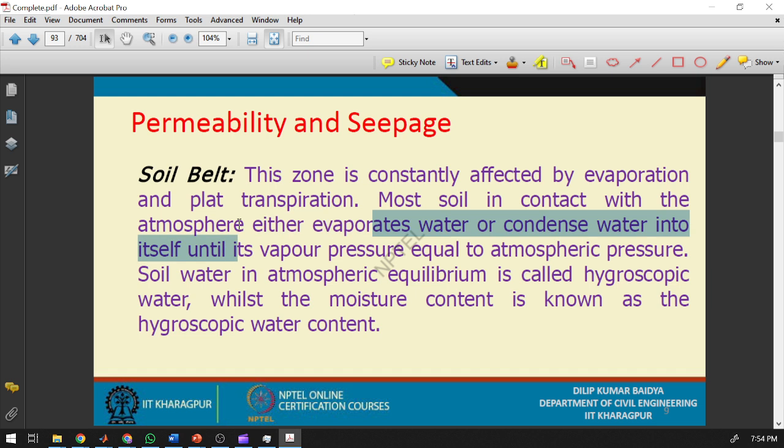Most soil in contact with the atmosphere either evaporates or condenses water until its vapor pressure is equal to the atmospheric pressure. Soil water in atmosphere, I think when it is in equilibrium to atmospheric pressure, it should be something like field capacity. Don't you think?